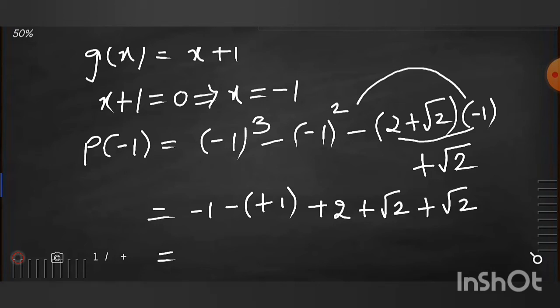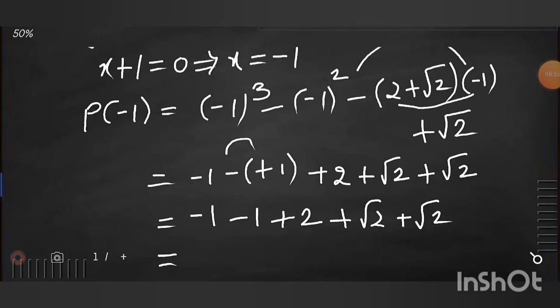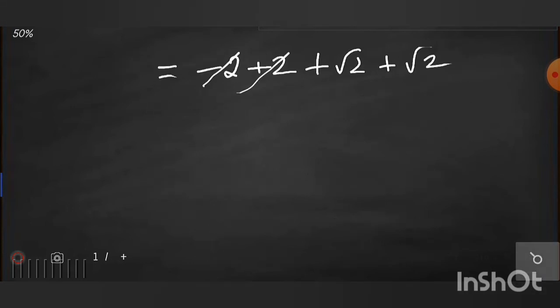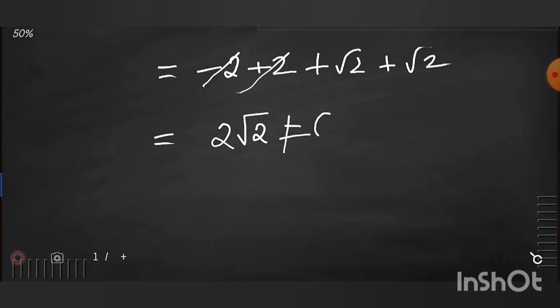Now minus 1 plus into minus, minus, here plus into minus, minus, minus 1 plus 2, minus 1 will give us minus 2 plus 2 plus root 2 plus root 2. Plus 2 and minus 2 get cancelled, we'll get root 2 plus root 2, 2 root 2, which is not equal to 0.